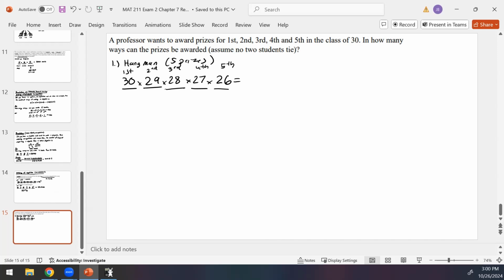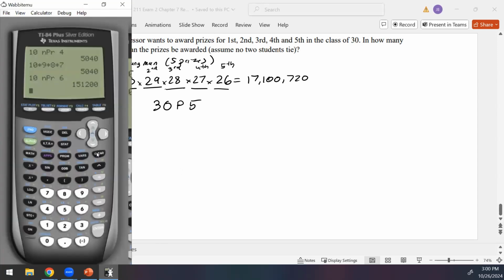And so if you do 30 times 29 times 28 times 27 times 26, you're going to get a really big number, 17,100,720. But again, you have 30 students and you are ordering or permuting 5 of them, right? That's what you're doing. 30 students, ordering 5 of them. So 30, math, permute, 5, and I get the same number, right? So that's permutations.